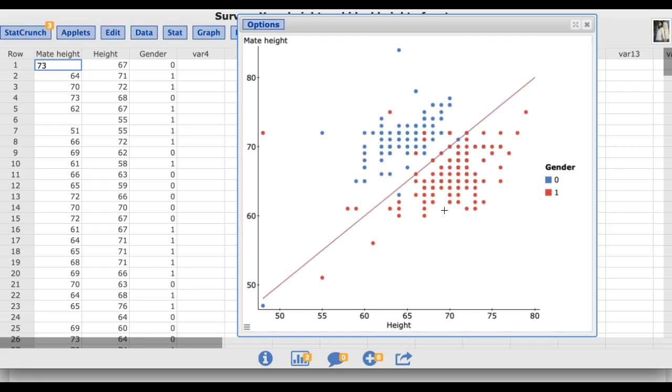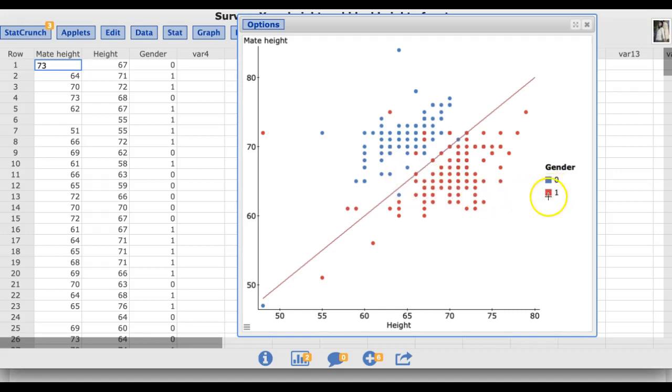So if I put it in context, everything above this line, the mate height is going to be larger than the height of the participant. So for females, we get that they envision the height of the mate being taller than them.